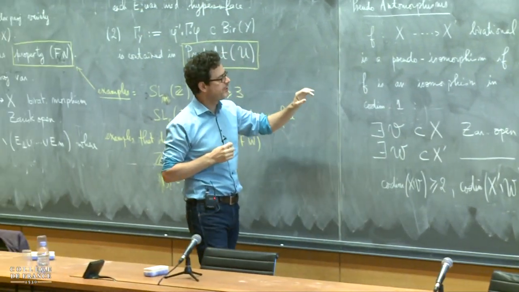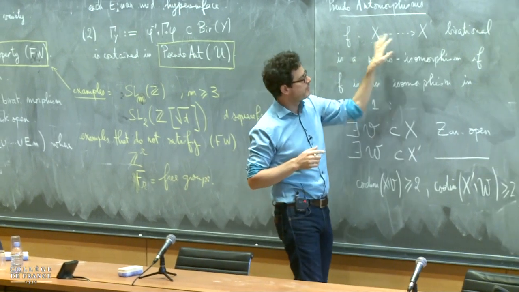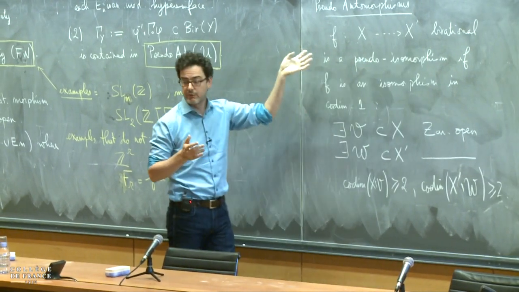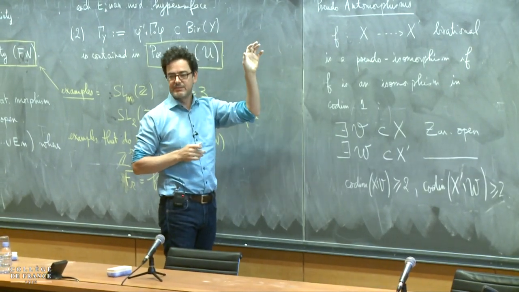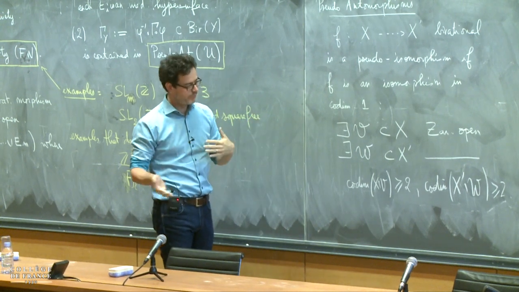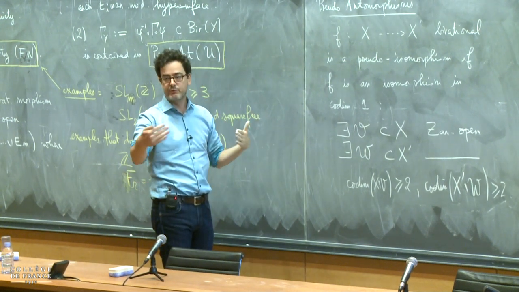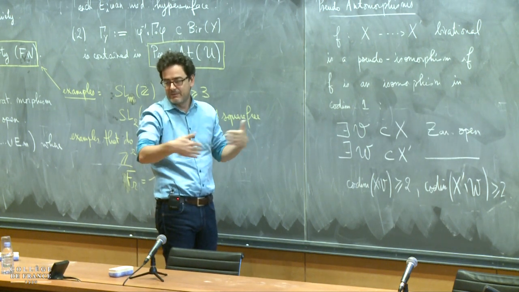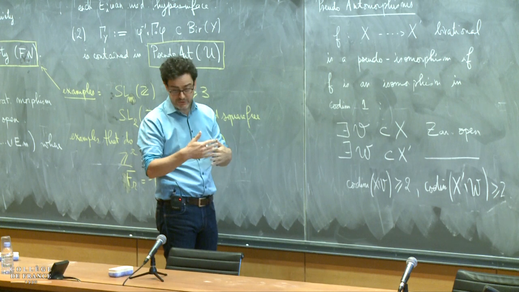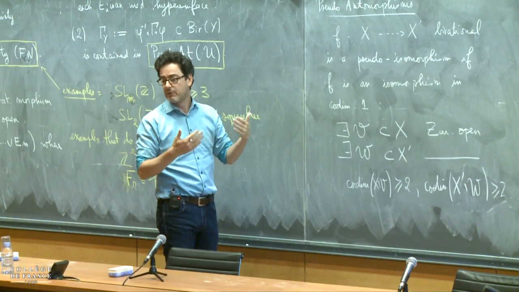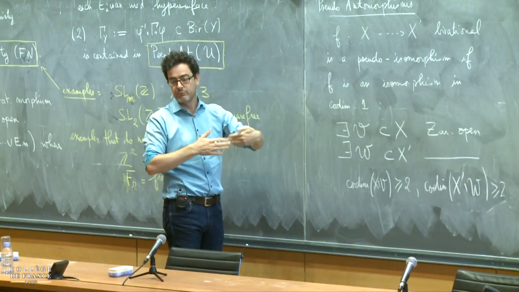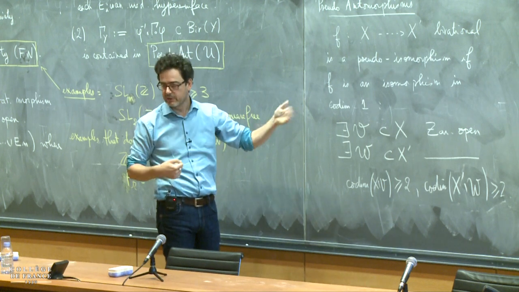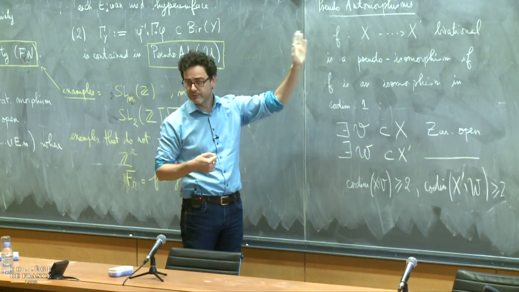But you need to be careful because X and X prime are not assumed here to be projective varieties. For instance, you take a linear projective transformation of P2 and you remove a line which is not fixed. Then on the complement, which is an affine plane, the transformation is not a pseudo-automorphism because it maps a line to infinity. So it maps something of codimension 1 to infinity.